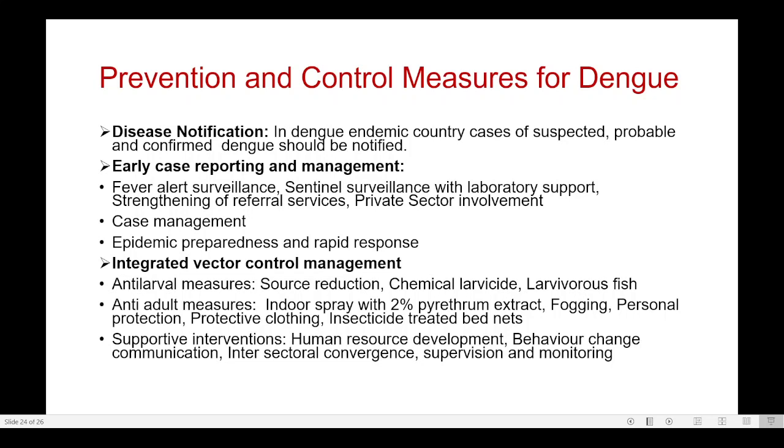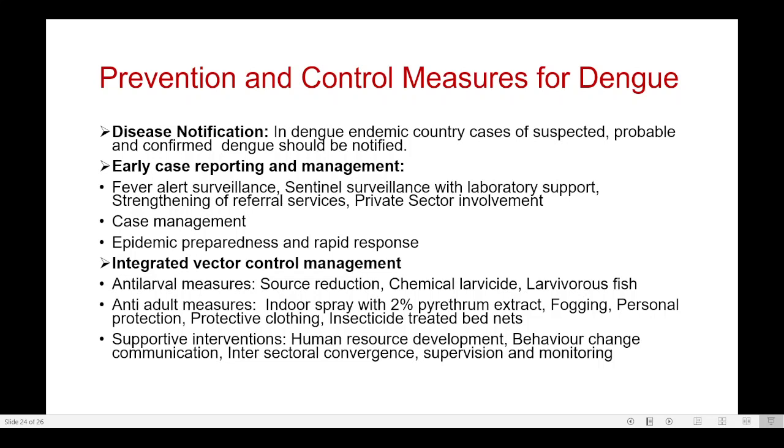For this reason, there is a system of fever alert surveillance, sentinel surveillance with lab support, and strengthening of the referral service is a must, because we don't know which case of dengue infection will convert to severe form. So there must be a robust referral system, and provision of transport should be there.